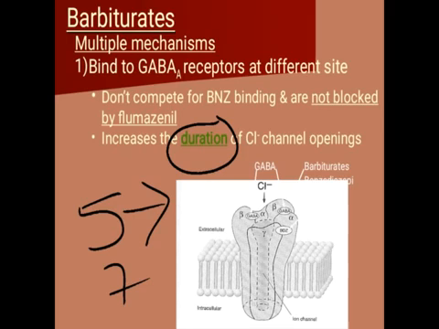And when they are inhibited, the CNS depression activity takes place. So these barbiturates are responsible to increase the duration of opening of the Cl minus channel or chloride channel.